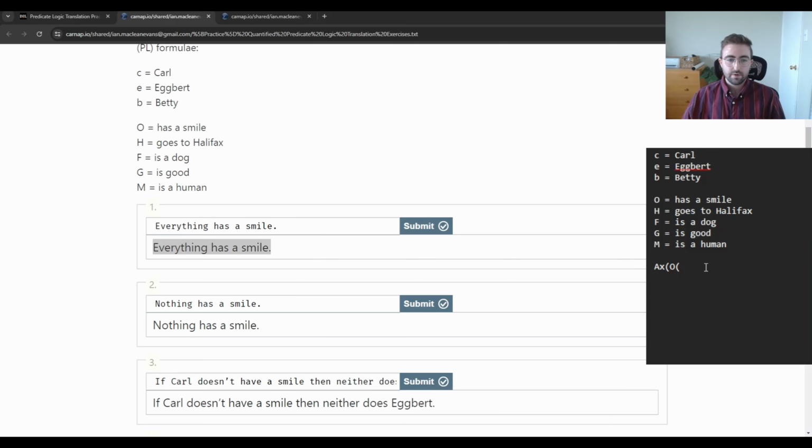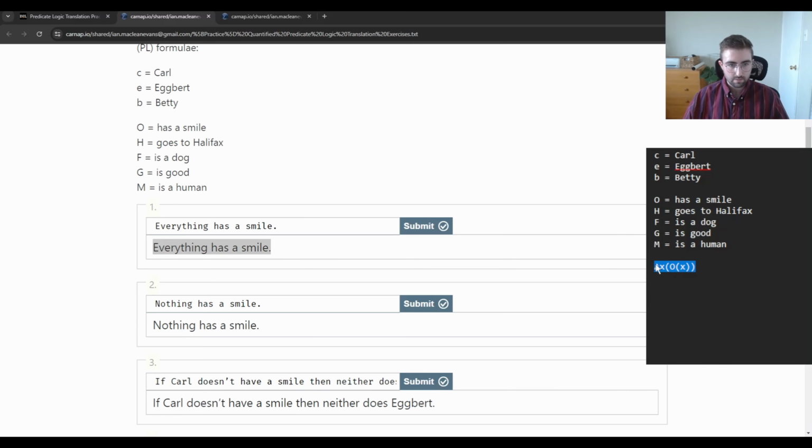And what are we quantifying? Well, everything. It's a vague thing. It's not a constant. It's clearly not Carl, Egbert, or Betty. So it's a variable. So we put in a little x. We close all that up, and we have here, for all x's, x is O, which means for us, for everything, it has a smile. X has a smile.